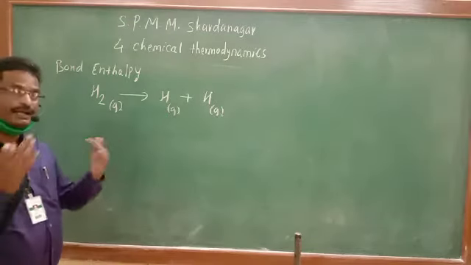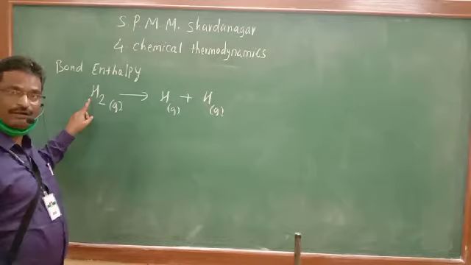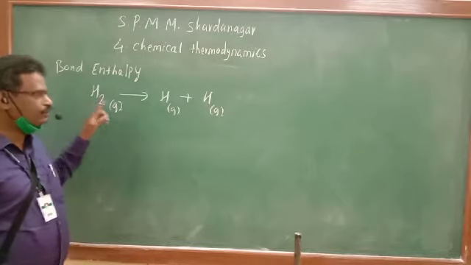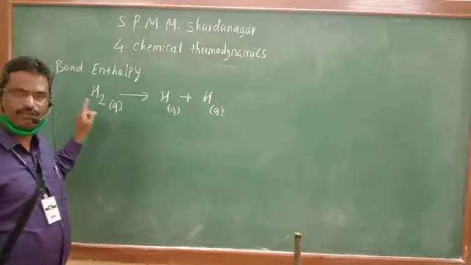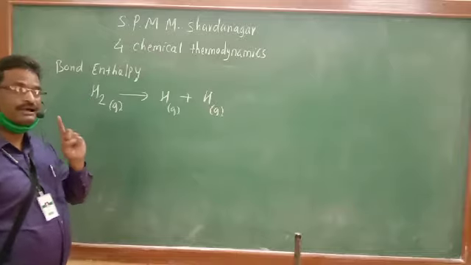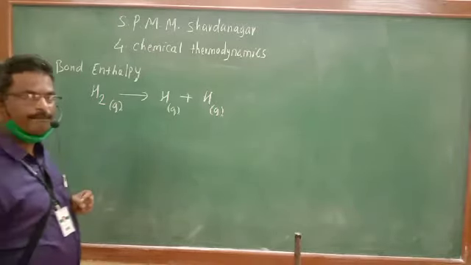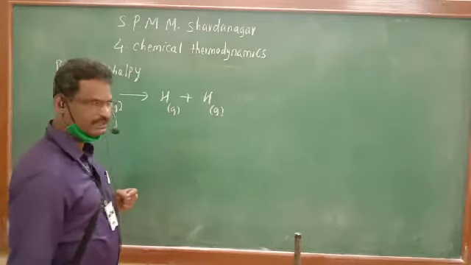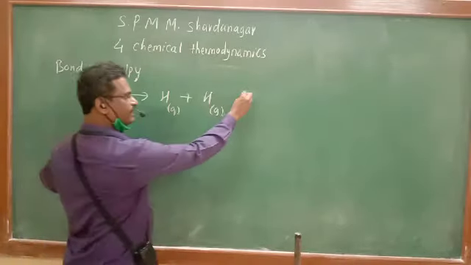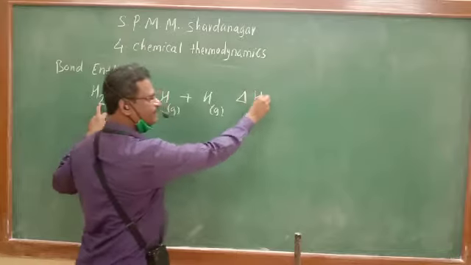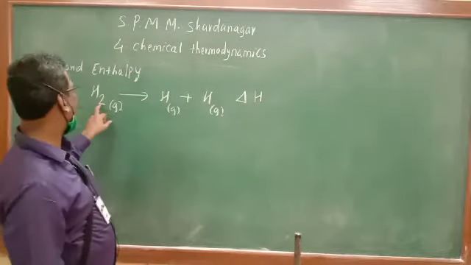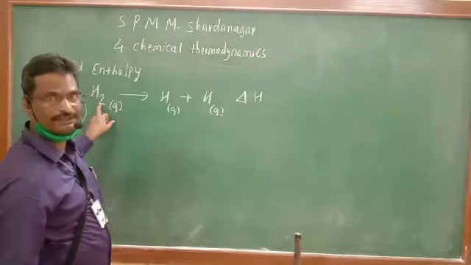So a covalent bond is broken. In between two hydrogen atoms, a covalent bond is present in the molecule. That covalent bond is broken, and we know that breaking of a bond is an endothermic change. So here energy is absorbed, heat is absorbed, and that is known as bond enthalpy.